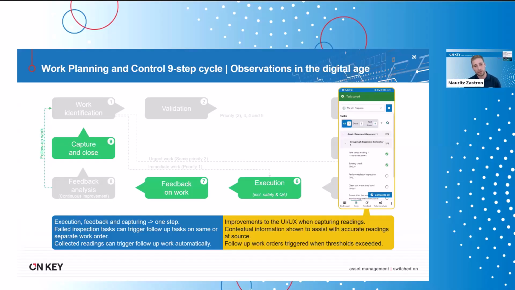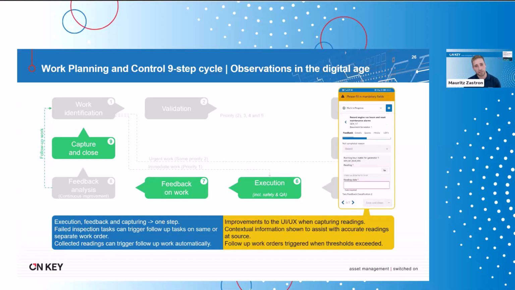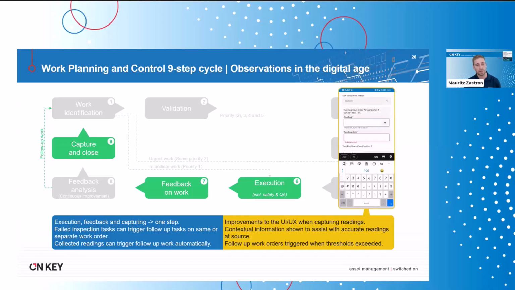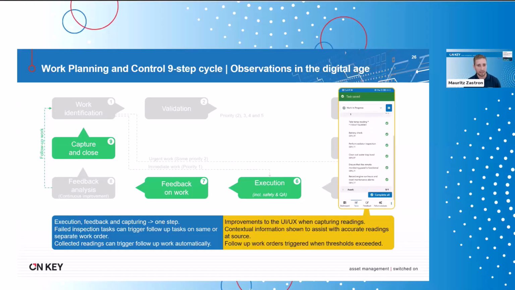This is both for things like meter readings and for monitoring points. We're now showing you previous monitoring points and meter readings. So let's take an example of an odometer. If the previous reading was 1200 hours, and someone wants to enter a reading that's 120, it's quite obvious that is probably not the right reading. Or if the reading was entered a long time ago, let's say your new reading is 4000 hours.